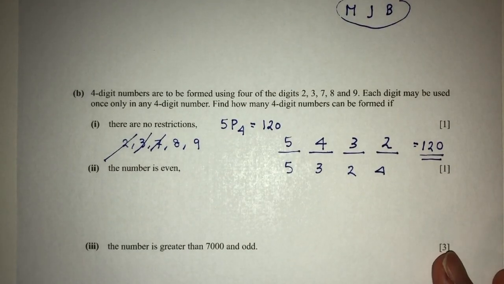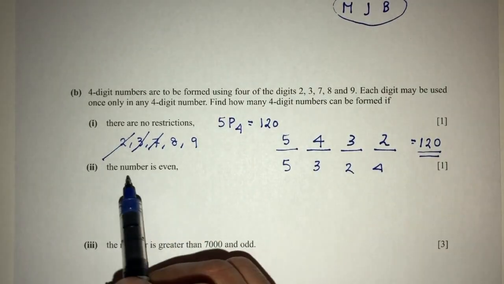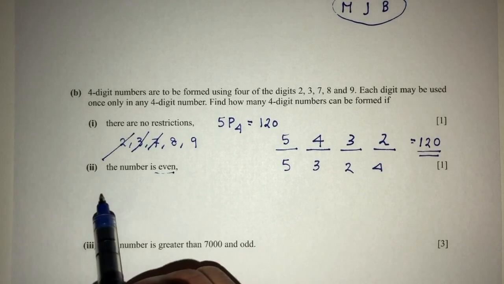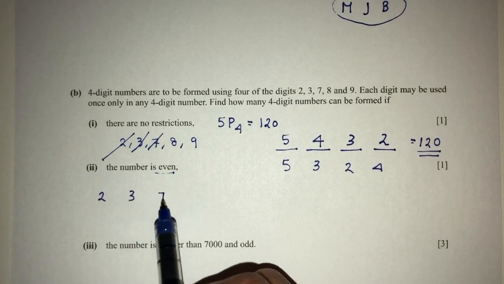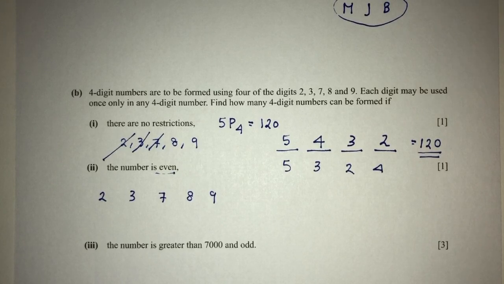Now, for part 2, we have to find the number of numbers given that the number has to be even. Now we have 2, 3, 7, 8, 9. We have done this question many times. I hope you know how to do this by now, but let's go through it one by one. How do you know a number is even? It has to end with an even number.